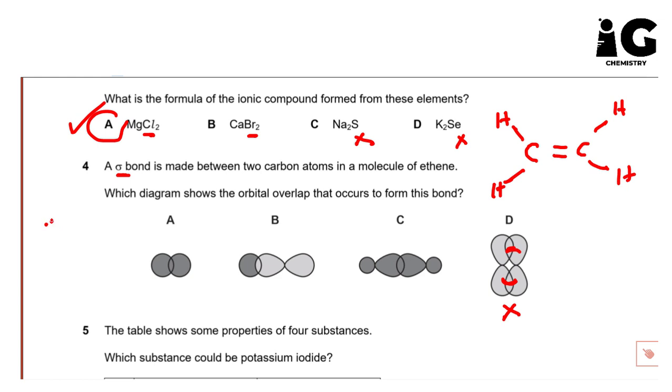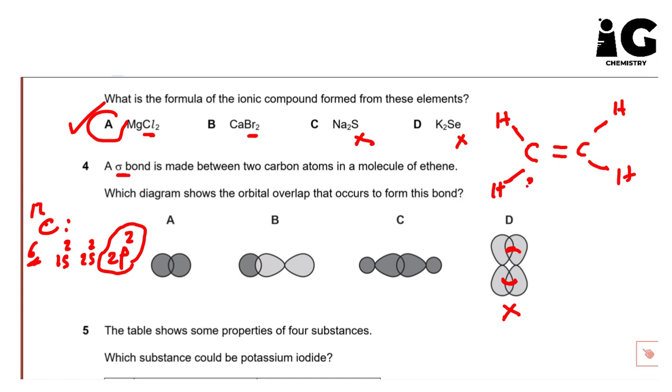So carbon is 6, 12. So 1s2, 2s2, and then 2p2 because there are 6 electrons. So the outermost shell is 2p2. And we can do the same for the other carbon because we have 2 carbons.